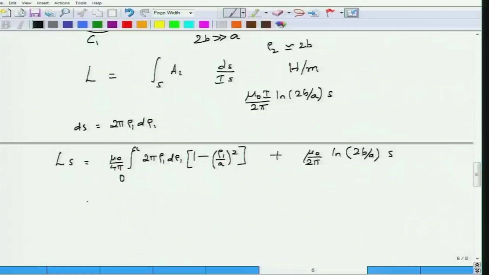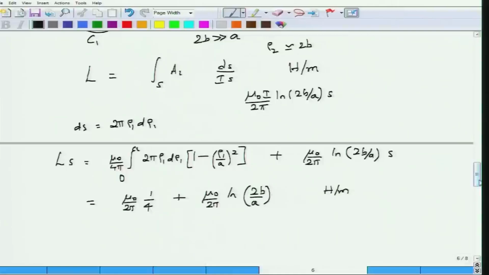So, if you evaluate this left hand side integral, you will see that this will be equal to 1 by 4, mu 0 by 2 pi, from mu 0 by 4 pi it becomes mu 0 by 2 pi, and then there is 1 by 4 plus the second term, which is mu 0 by 2 pi log of 2b by a Henry per meter.